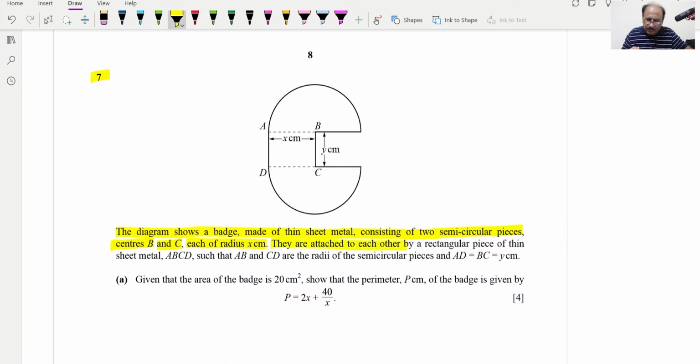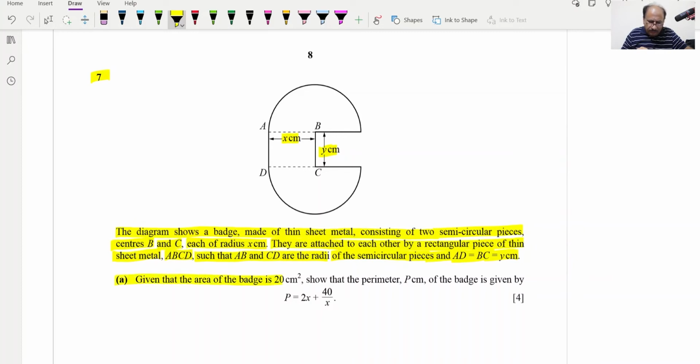They are attached to each other by a rectangular piece of thin sheet metal ABCD such that AB is equal to CD, the radii of the semicircular pieces, and AD is equal to BC is equal to y centimeters. So this is y centimeters and this is x centimeters.